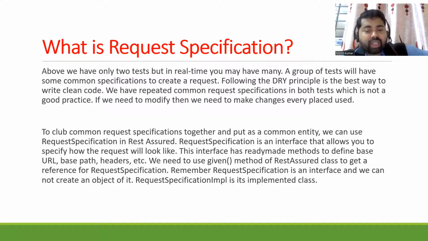The interface has ready-made methods to define base URL, base path, headers. We need to use the given method of the RestAssured class to get a reference for request specification. Remember, request specification is an interface and we cannot create an object of it. It is implemented as a class.